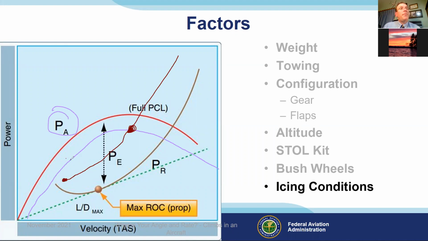In fact, you may even end up with something that looks more like this, where you've seen this before. When you get into this area right here, the person is unable to maintain altitude. All they can do to keep flying is just descend. That's happened to us. We've seen a lot of icing accidents over the years that led to stalls in relation to it.